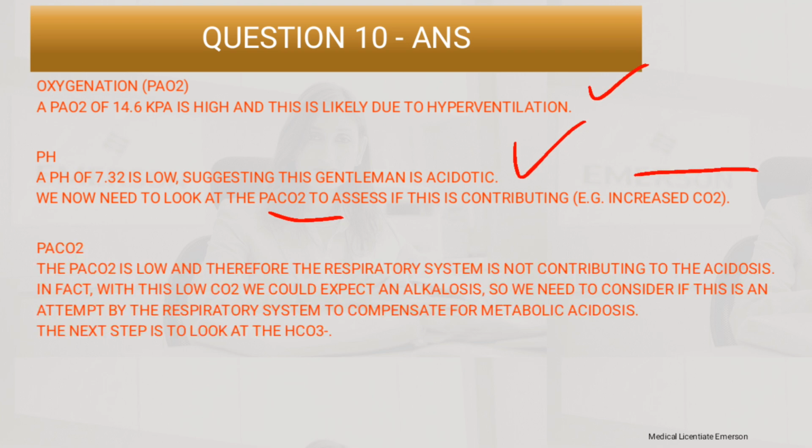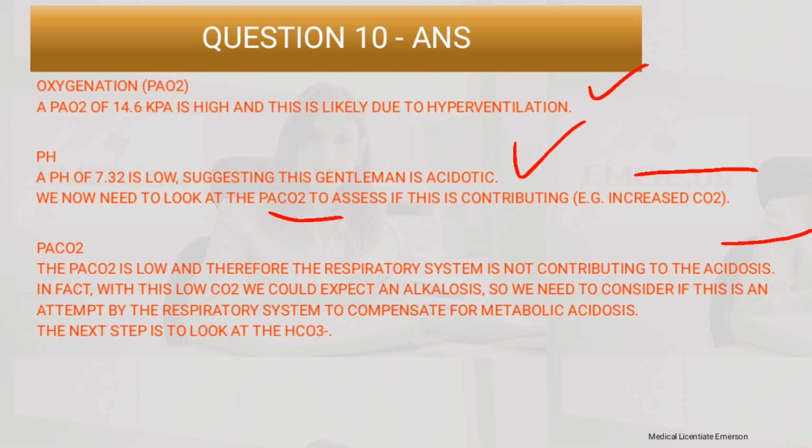So the partial pressure of carbon dioxide is low, and therefore the respiratory system is not contributing to the acidosis. In fact, with this low carbon dioxide, we could expect an alkalosis. So we need to consider if this is an attempt by the respiratory system to compensate for metabolic acidosis.